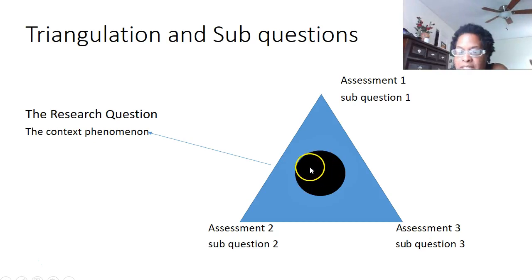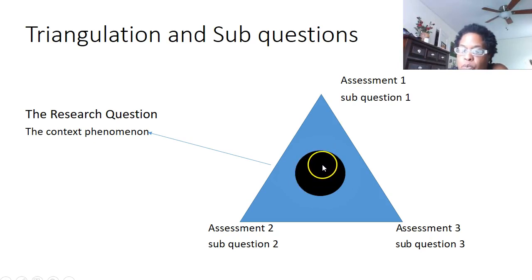So we have the methods in the middle, and we're probing and investigating this area to go back to look at our research question. On the periphery of our circle is our literature review, all the things that we've learned thus far and the knowledge that has contributed to our context phenomenon.